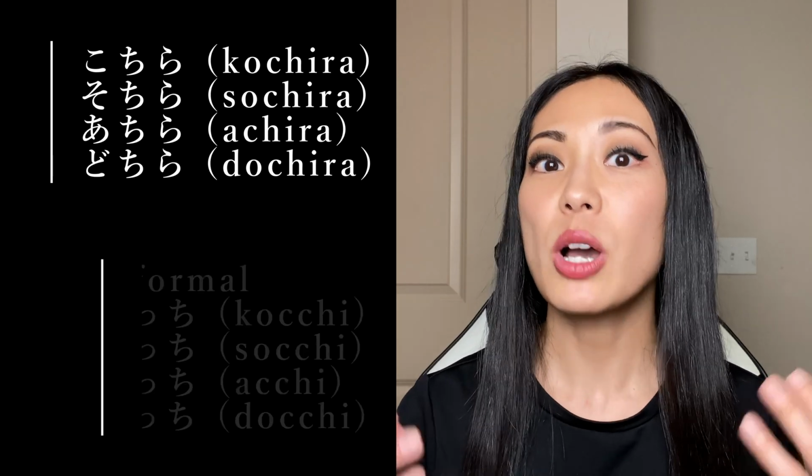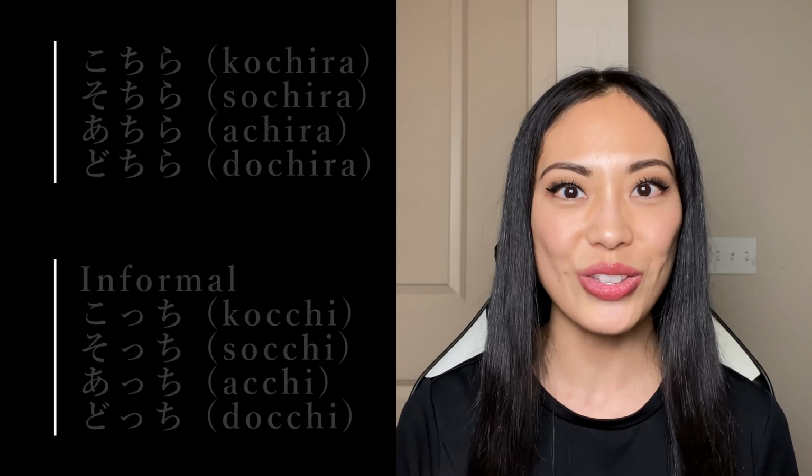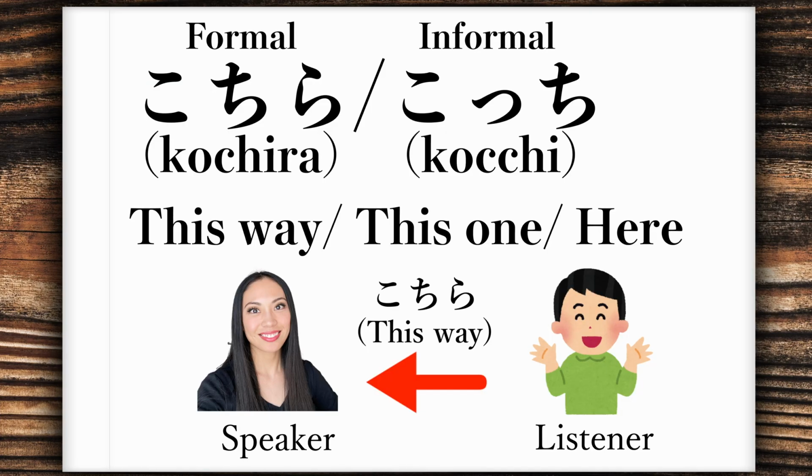These words have formal and informal versions depending on the context. こちら、こっち both mean this way, this one, or here, indicating a direction close to you. こちら is formal. こっち is informal.